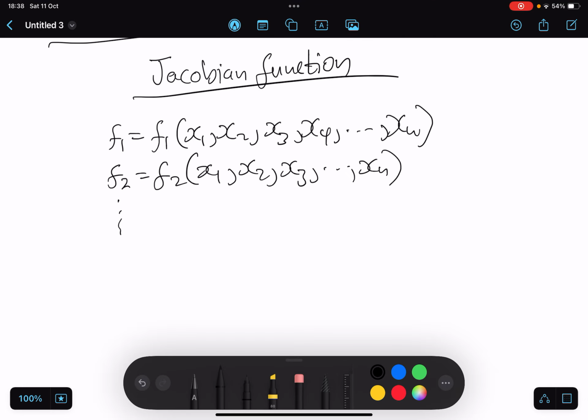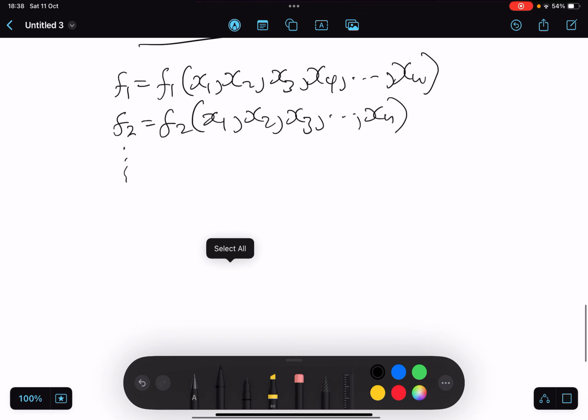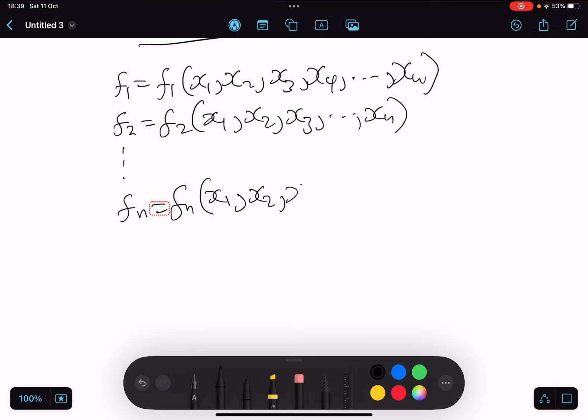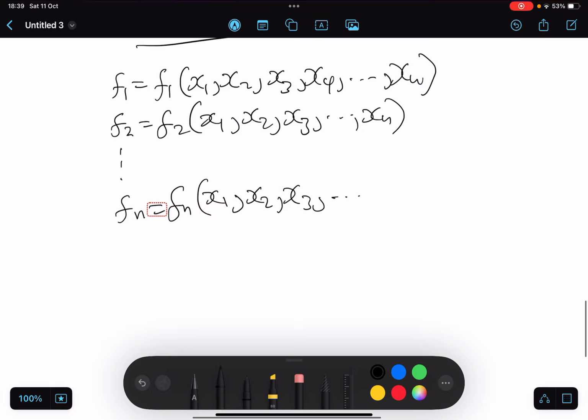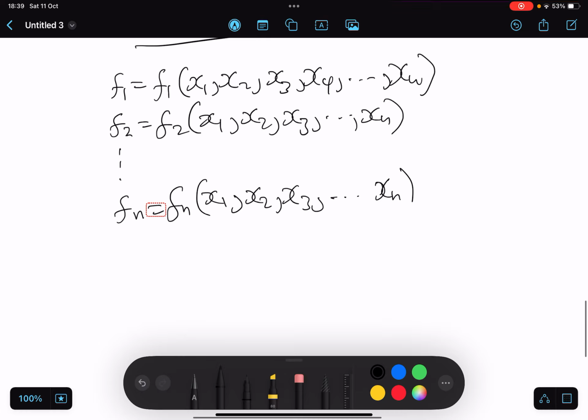These functions can be n number of functions, which is going to be fn equals fn of x1, x2, x3, up to xn. It depends on the book that you're given, but this is the most typical way of representing it.